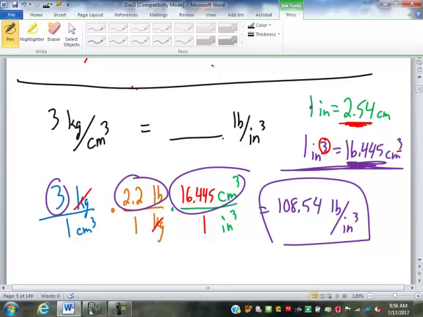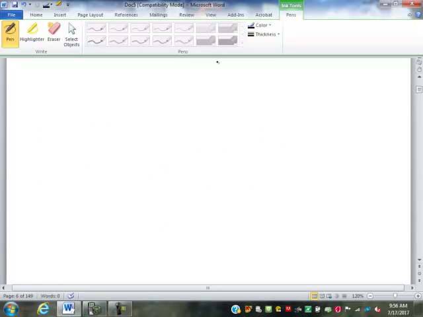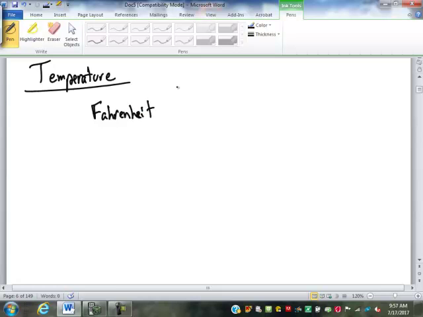Other conversion factors we'll run into. Temperature. Our standard scale, US scale, is Fahrenheit. Does anybody know the metric scale? Celsius. And our benchmarks, we tend to talk about the temperature at which water boils and the temperature at which water freezes.